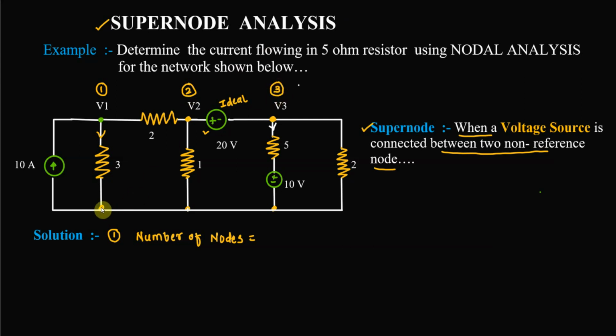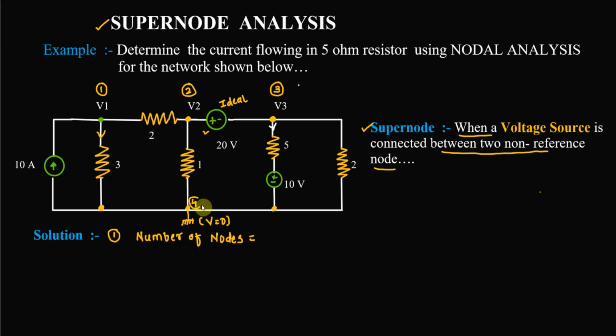If you see at the bottom, this point, this point, and this point are also nodes, but there is no element connected between them, so we can consider them as a single node, and I will take that as the reference node. Reference node means its voltage is equal to 0, and I will give that node the name 4.